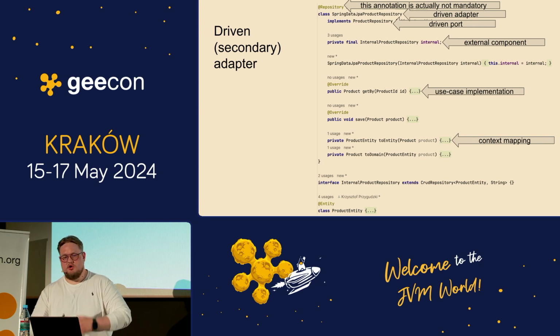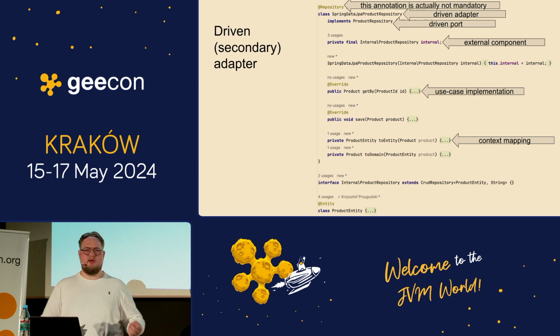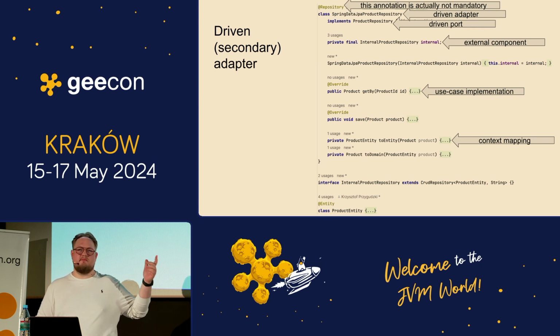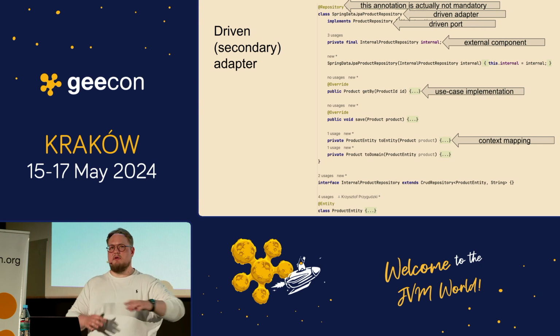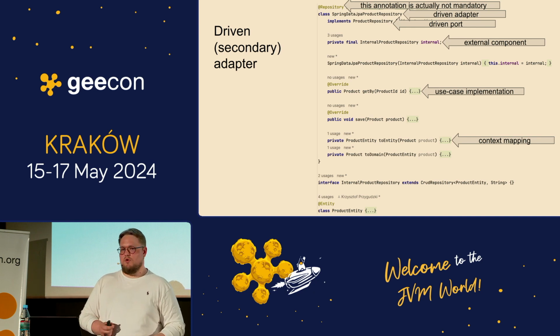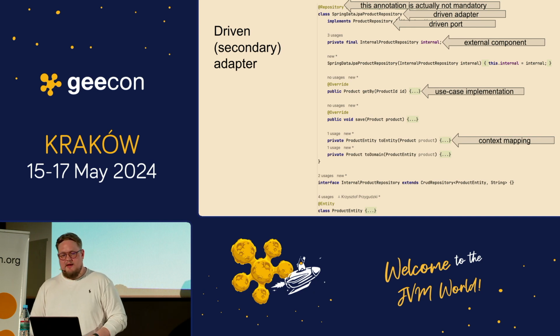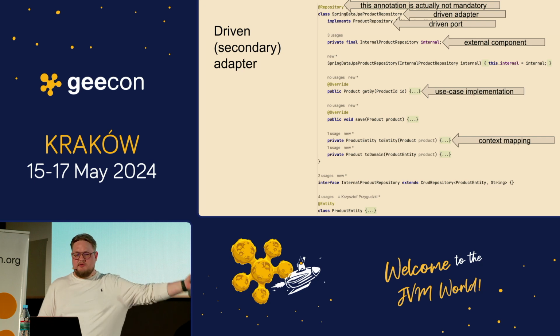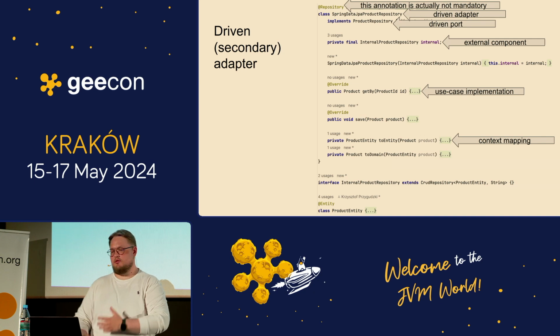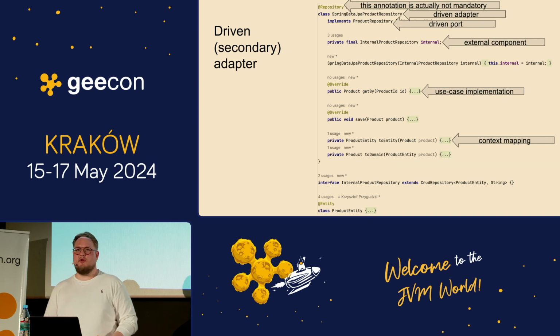This context mapping is what is really important here. In this case, it's just mapping from one entity to another and maybe doing some fancier stuff with queries. And we have this internal product repository at the very bottom, which is just an implementation. It's an interface that extends the CRUD repository and is obviously implemented by Spring at runtime.